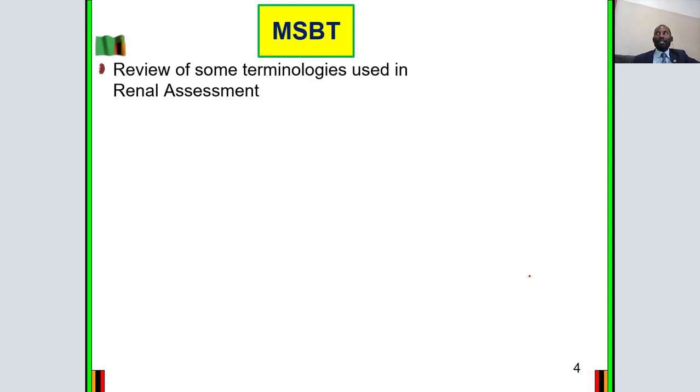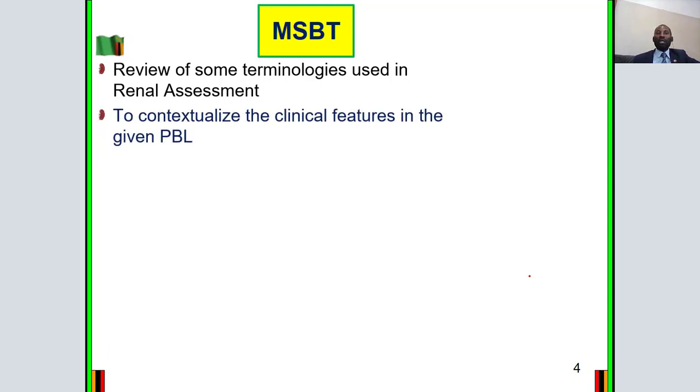We are also going to contextualize the clinical features in the given problem-based learning scenario so that we are able to unlock the hidden aspects of scenarios, because most students are scared and worry whenever they see a scenario.